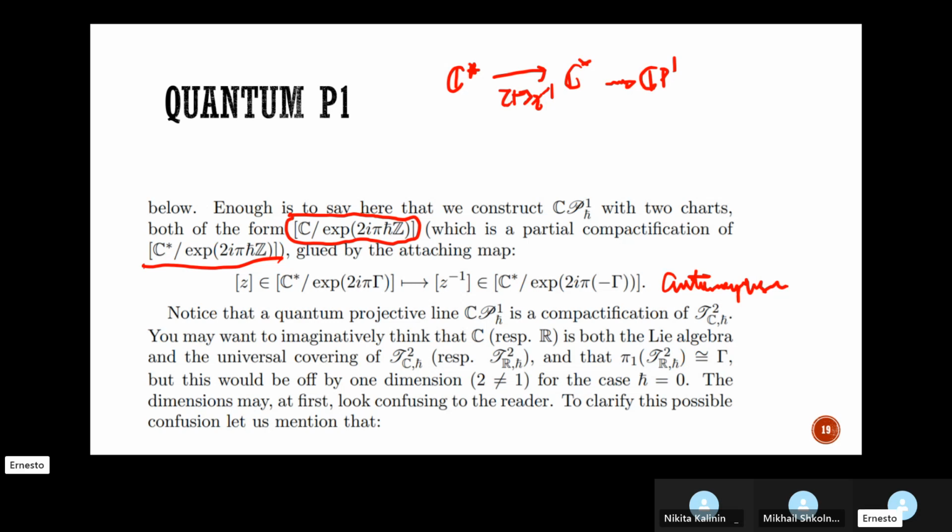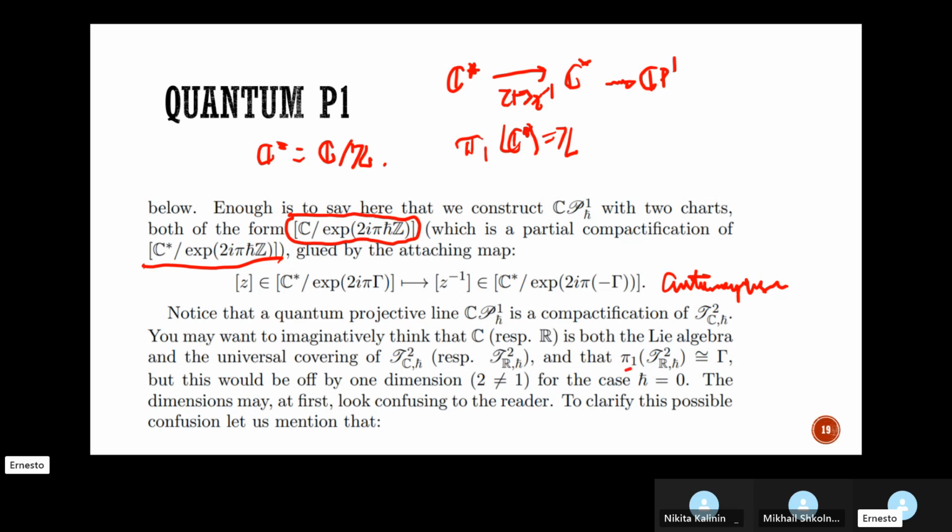Notice that in the classical torus, pi1 of C star is Z. That is the lattice that is occurring here. You know, C star is after all equal to C mod Z. And here the group that takes the place of Z for the CP1, and this becomes by transgression pi2 of CP1, is gamma.